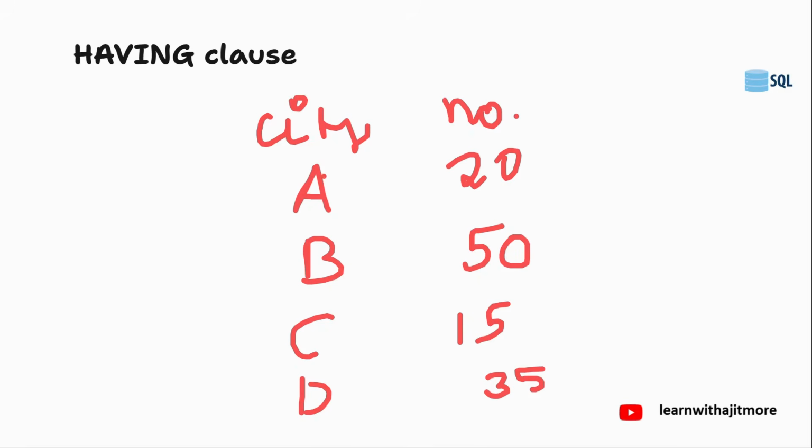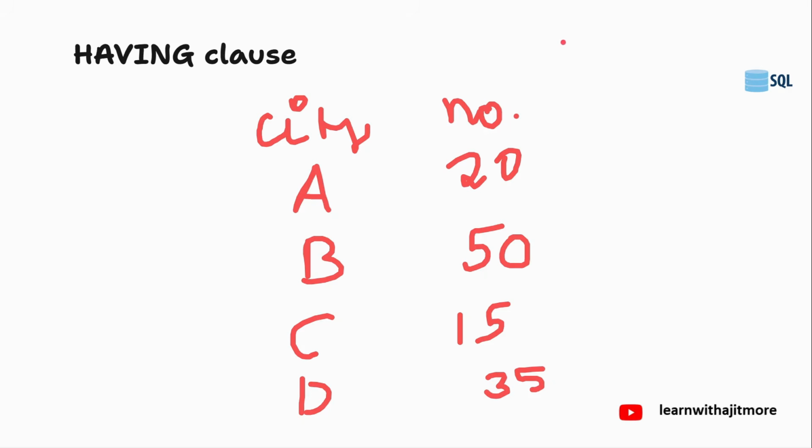Okay, so first of all, you have applied group by, and on each group, you have applied aggregate. So you have done grouping on the city basis, and you have found the number of employees in each city. You got this output. Now on this again, I want to apply the condition.